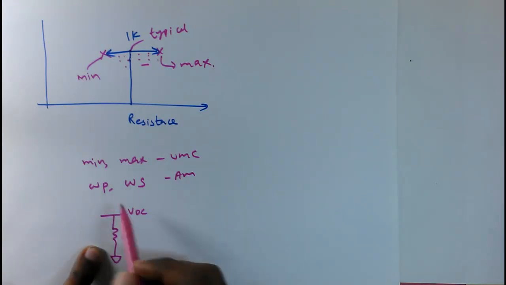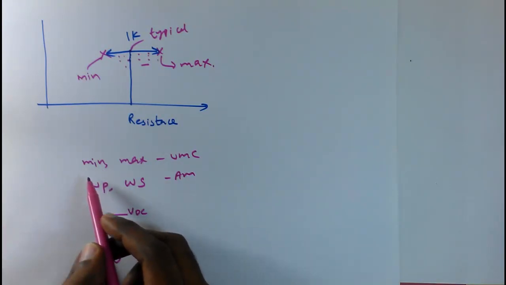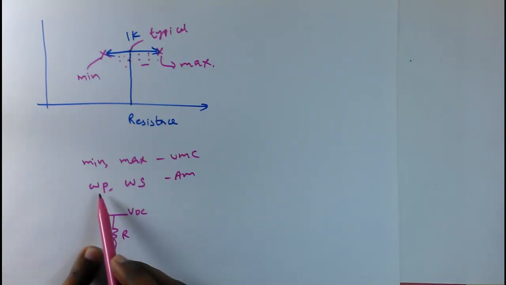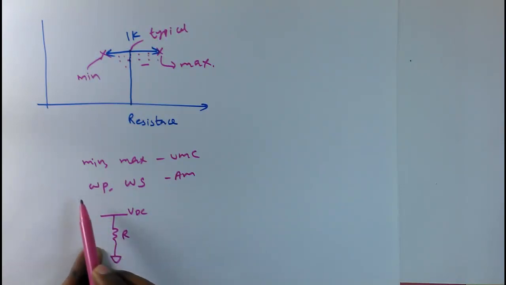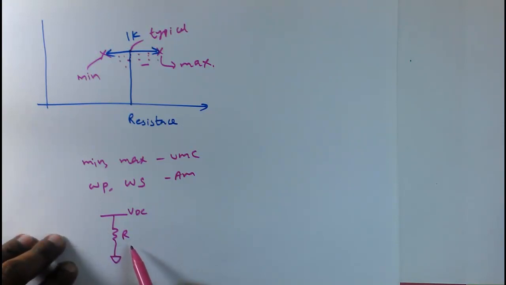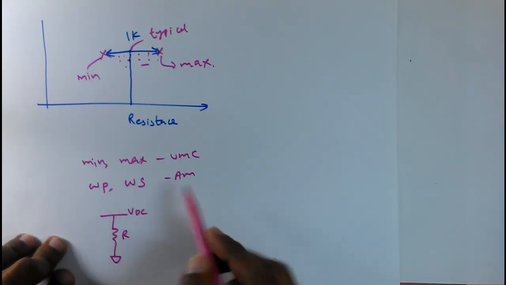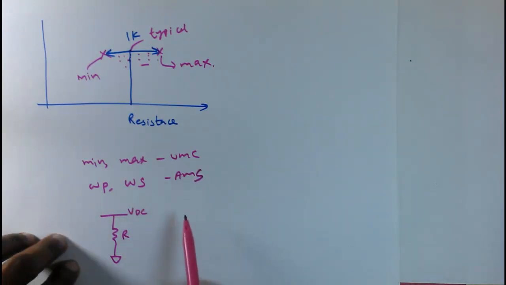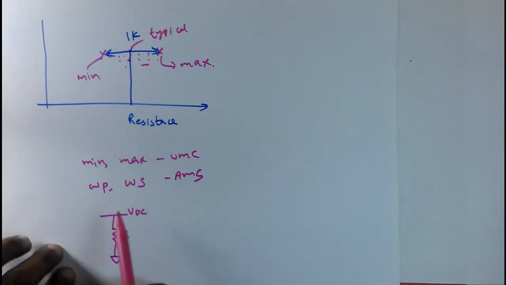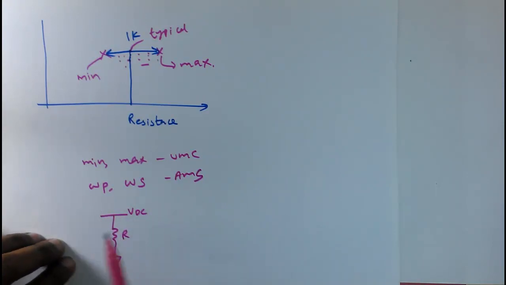So minimum resistance means more current, hence WP, worst power. And when the resistance is higher than the typical value, the current through that resistance will be less, and that corner is called WS. So for the AMS process and some other processes, they specify the corners as WP and WS.